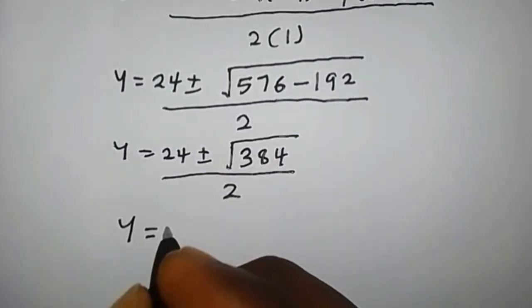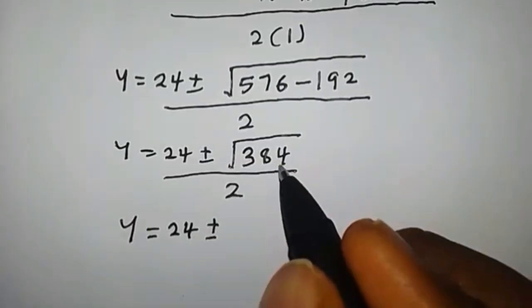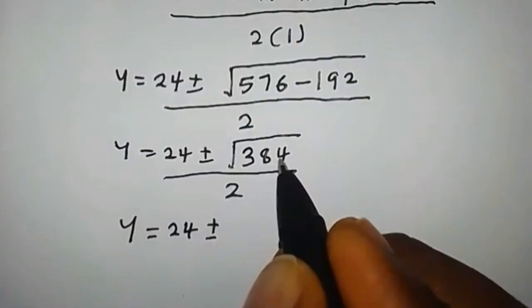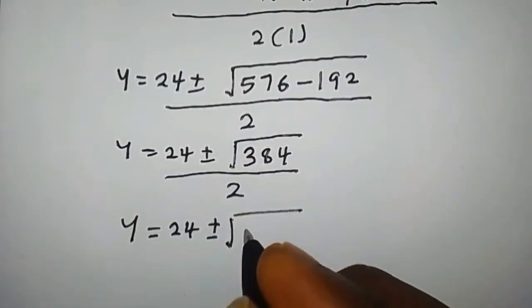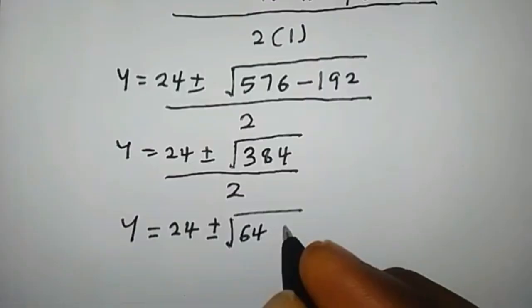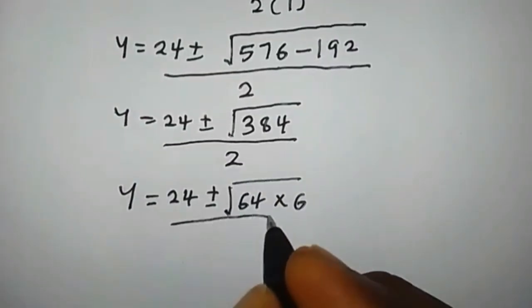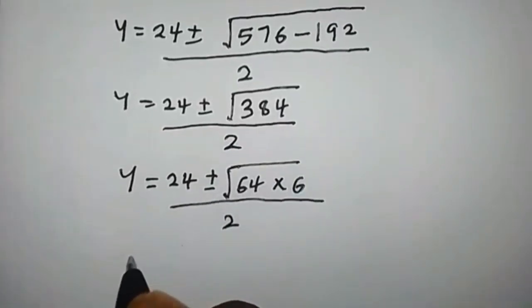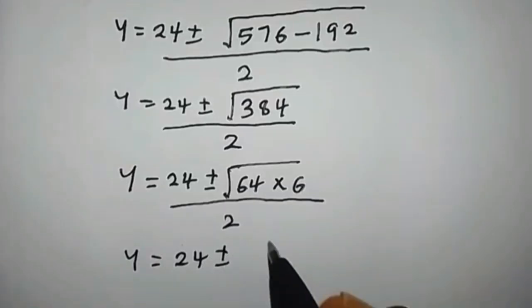Y is equal to 24 plus or minus. Let's consider this entity. 384 could be written as 64 times 6, under the square root, divided by 2. We have y equal to 24 plus or minus.